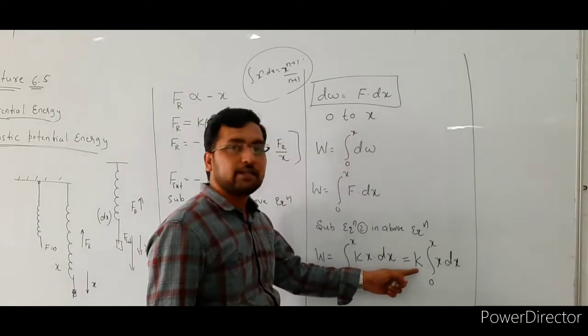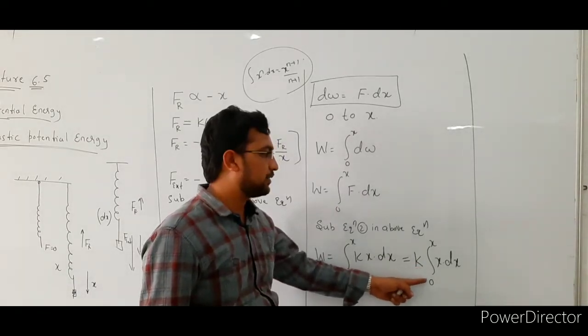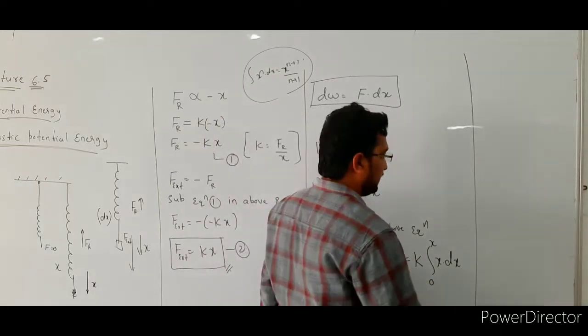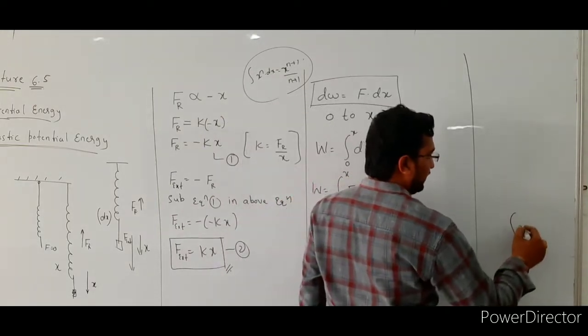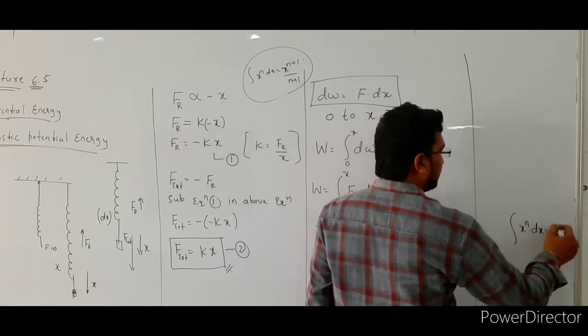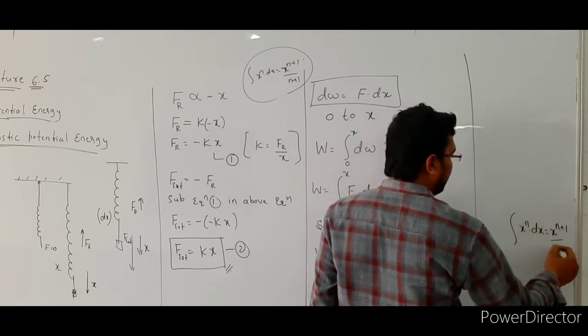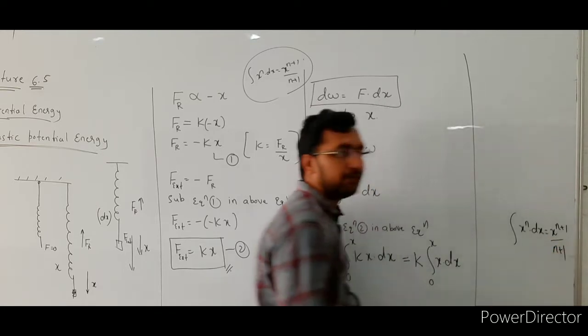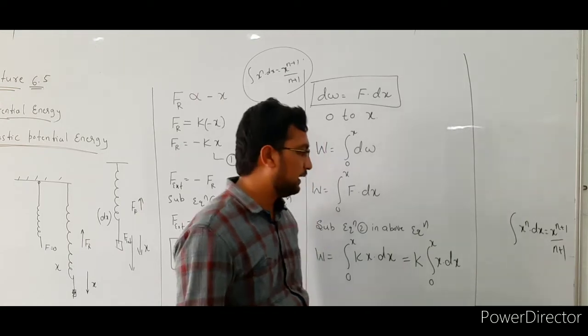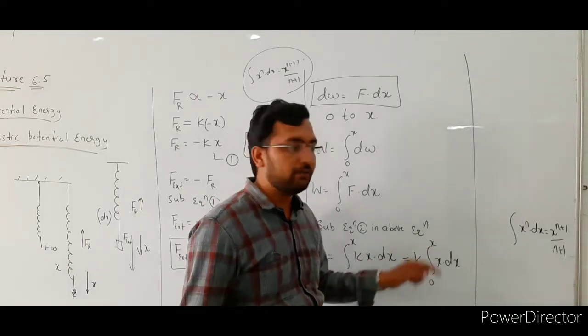So here K is a constant term, take it outside, then integration from 0 to x of x into dx. This is in the form of x to the power n with respect to dx, which is equal to x to the power n plus 1 divided by n plus 1. This is the standard formula of integration. Just remember this formula, right? Here the n value is 1.